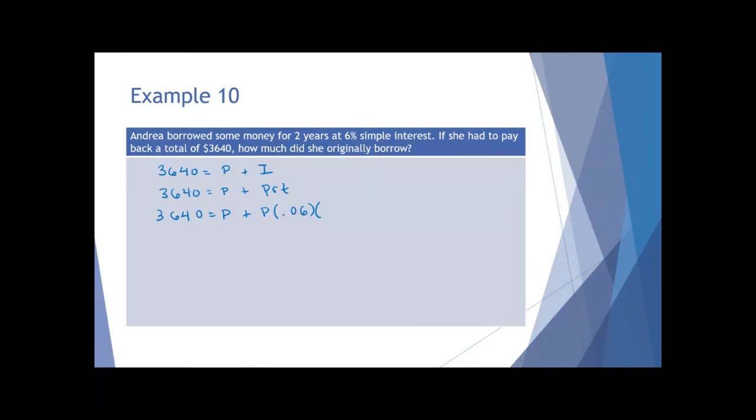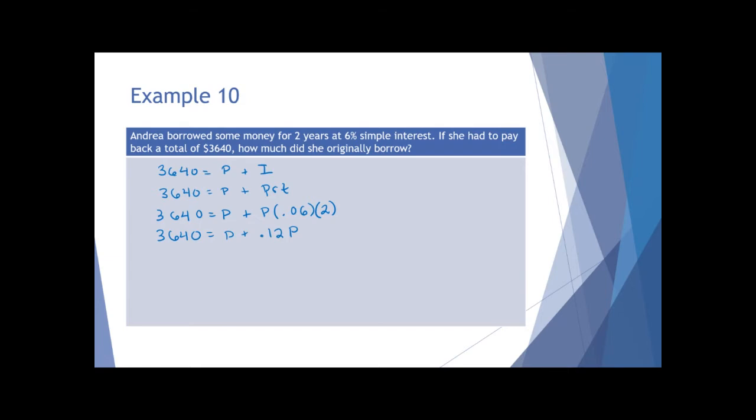And T is the time, so that is 2. So I have 3,640 equals P plus 0.06 times 2, which is 0.12 P.